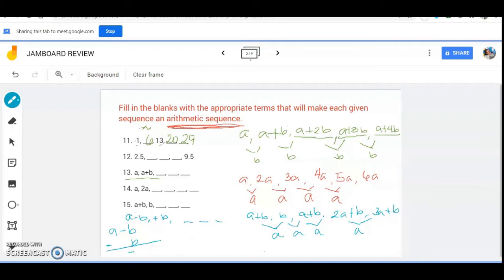So, meron na tayong negative 2B and meron na tayong A. Ito ngayon yung i-add natin dito sa constant number na ito. Kapag yung common difference naman is a negative variable, for example, negative A, ano na mangyayari dito? Will it still be 2A or 0?